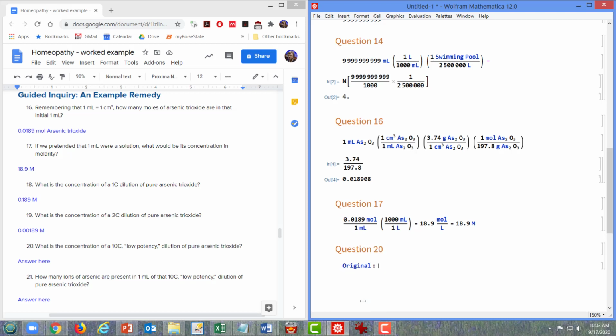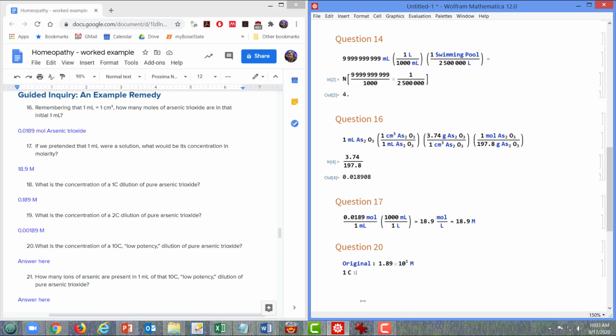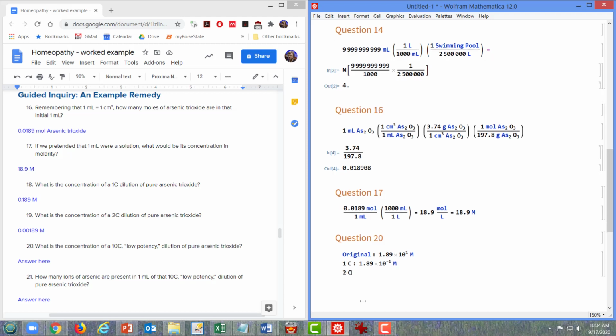Original, 1.89 times 10 to the 1 molar. 1C is 1.89 times 10 to the minus 1 molar. 2C is 1.89 times 10 to the minus 3 molar.